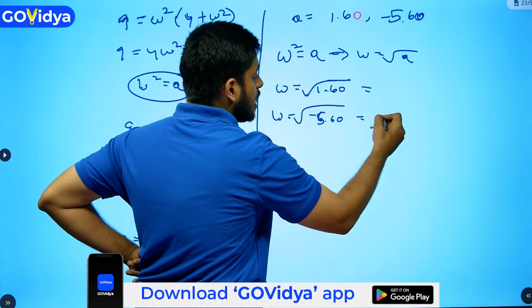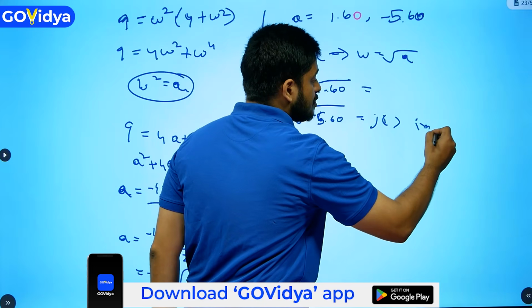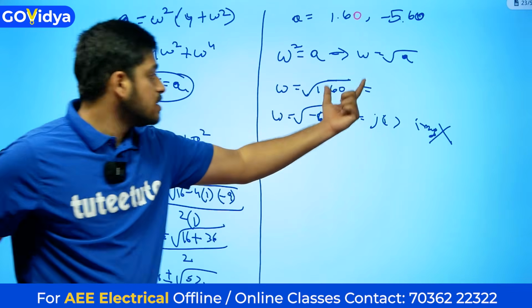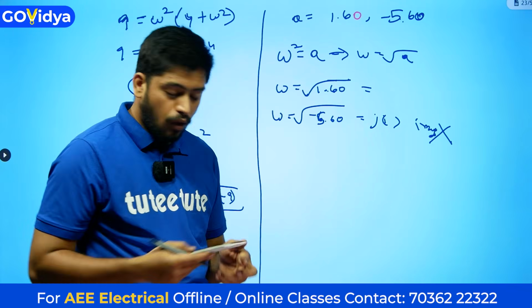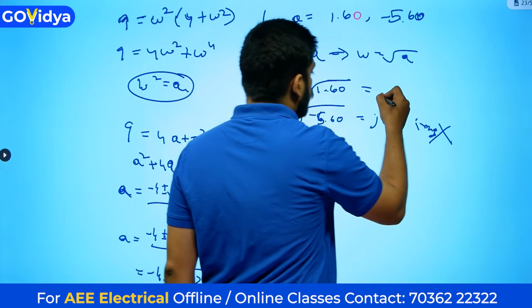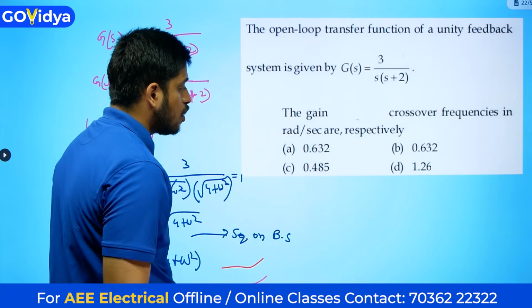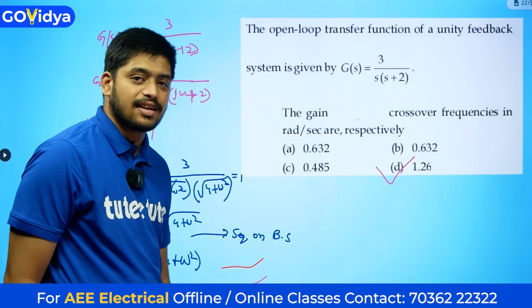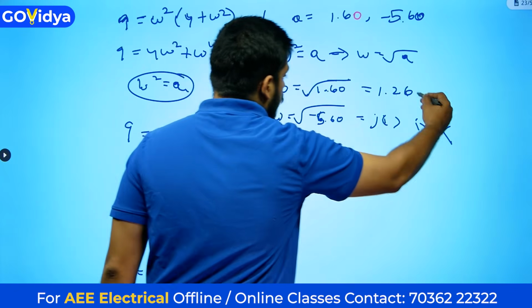This would be some value with j, so it is imaginary. So this is not the right value, but the square root of 1.60 is 1.26. So as per the options, yes, D is the right answer. Omega is equal to 1.26 is the correct option.